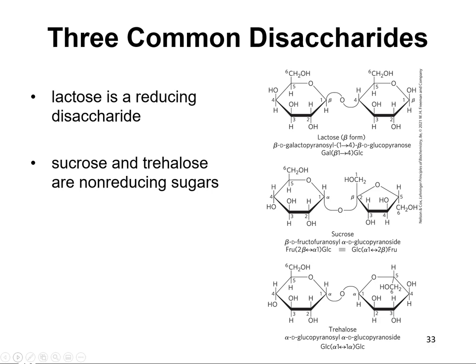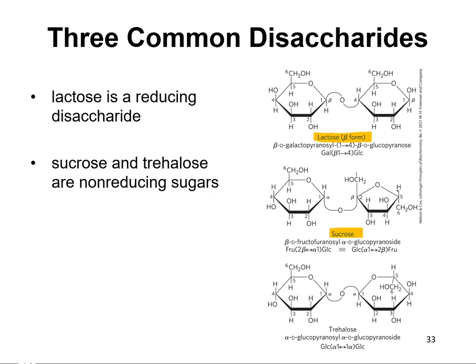So there are 3 common disaccharides. Of these, the ones that I want you to recognize are lactose and sucrose. Those are 2 important ones. Lactose is a reducing disaccharide, but sucrose and trehalose are not. You're not responsible for knowing trehalose.